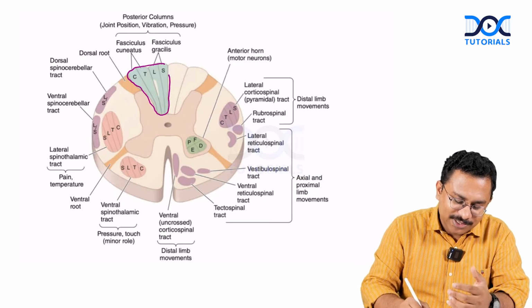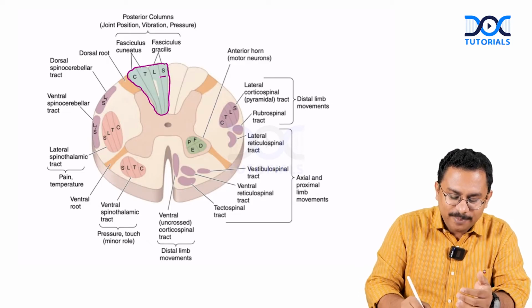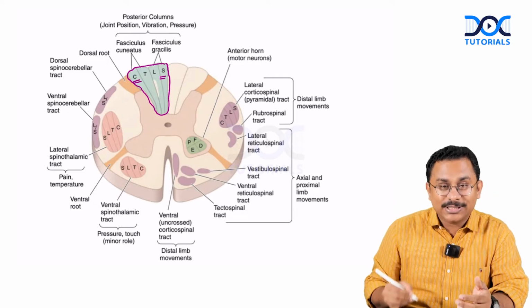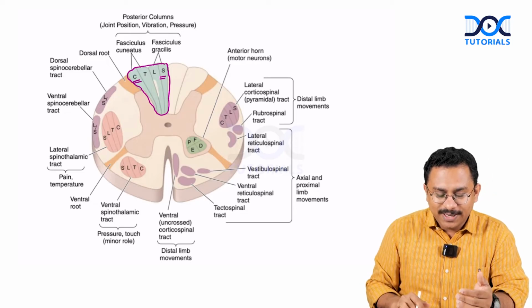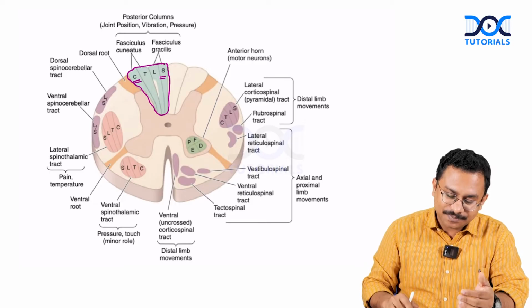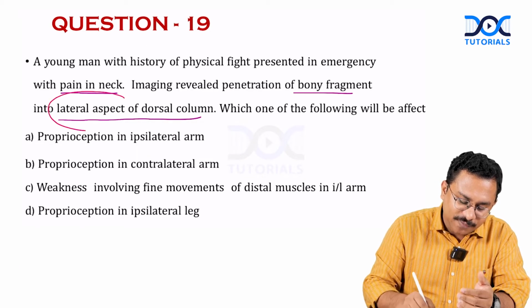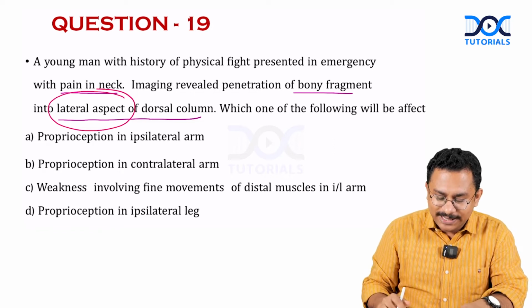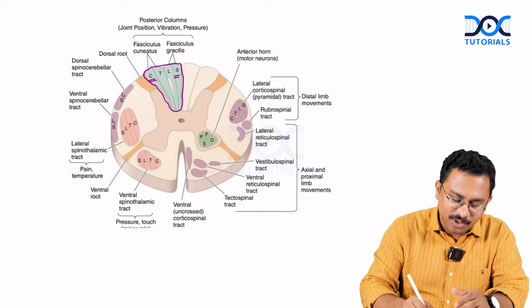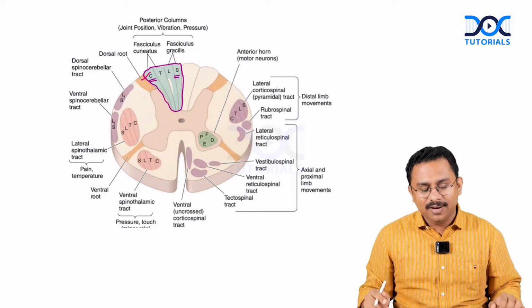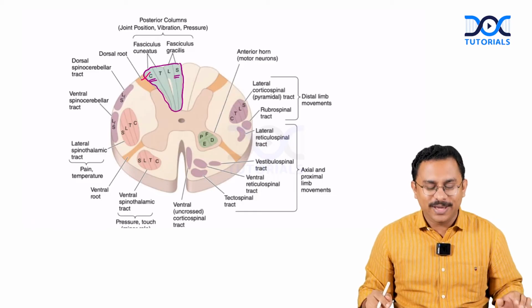Looking at the lamination, the sacral fibers are most medial and the cervical fibers are most lateral. So if the lateral aspect of the dorsal column is involved, obviously it is the cervical fibers which are likely to be affected.